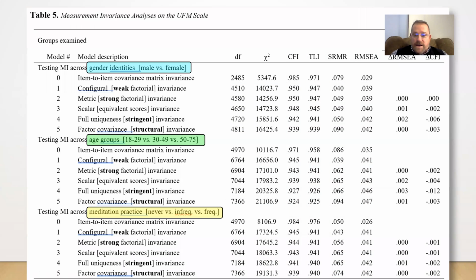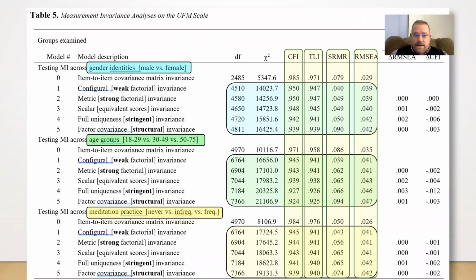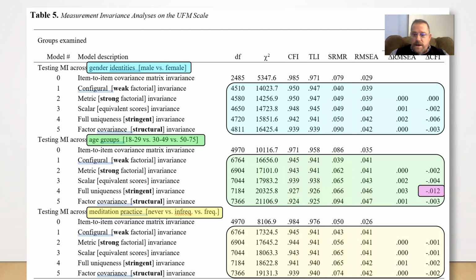And much like we got in the cross-cultural data, in this data, we got excellent CFI, TLI, SRMR, and RMSEA fit for all of these models, even the full uniqueness invariance, which is awesome, and even the factor covariance, which is a step farther than most people go.